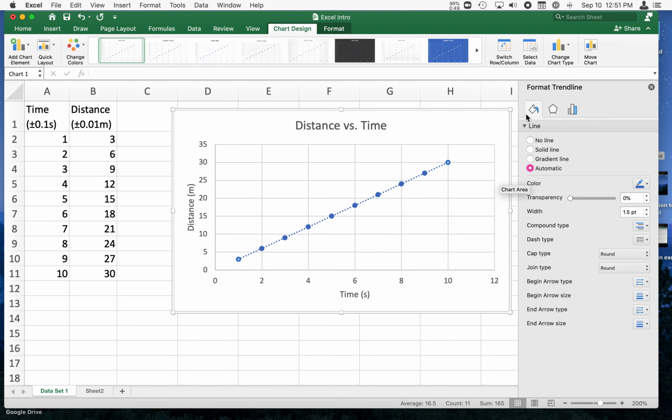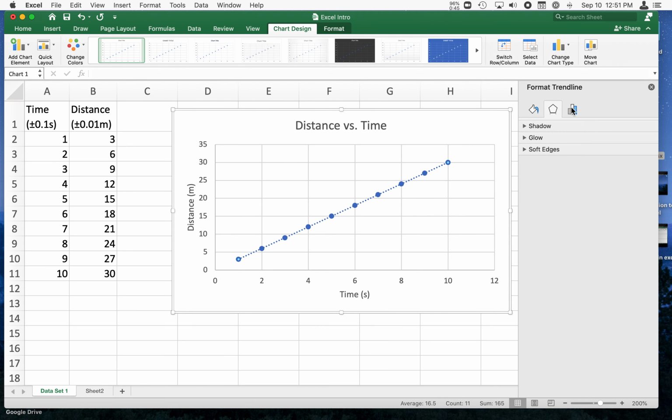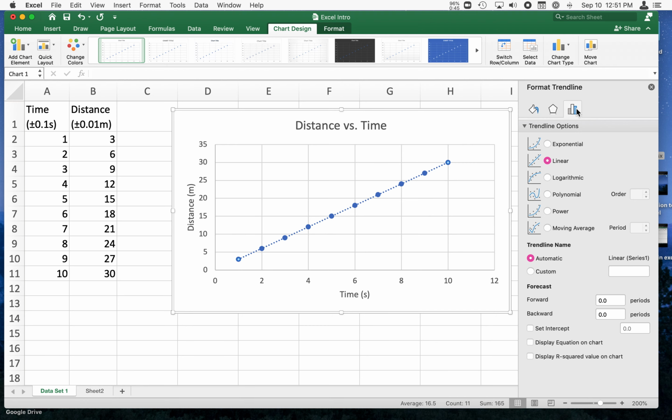And then also it brings up this little thing over here. And this little thing over here says Format Trendline, and then it's got 3 tabs. Okay? And the tab that you really need is the one that looks like a histogram. It's not a bar graph, it's a histogram, but that's okay.